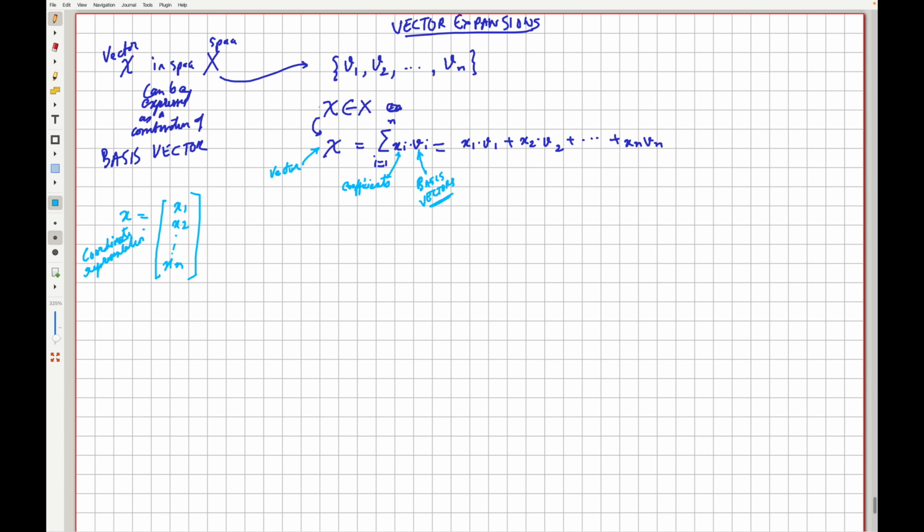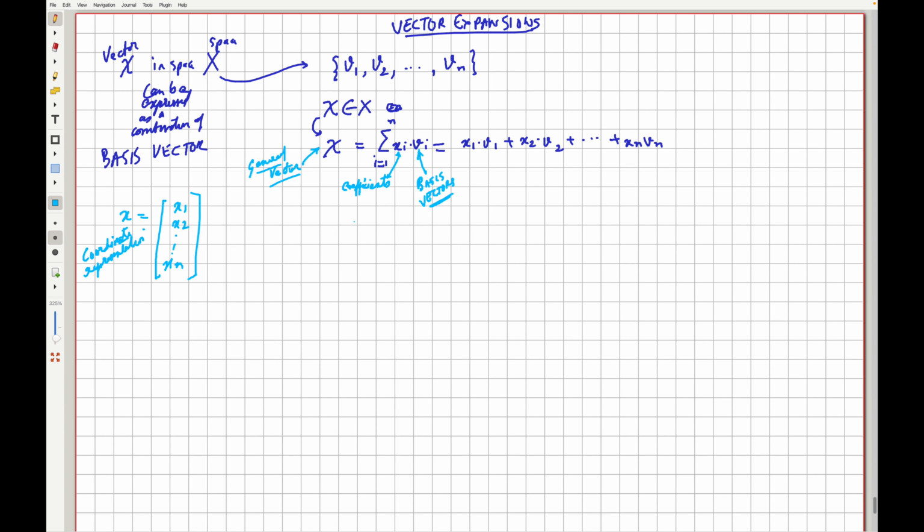But here we are saying that the vector x is the general representation, like a general abstract vector x that we have. So if we change the basis, the coordinates change, but the abstract vector x still remains the same. If we look at the example, that will get more clear.